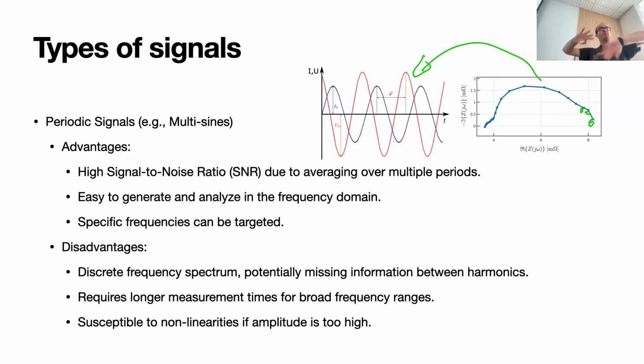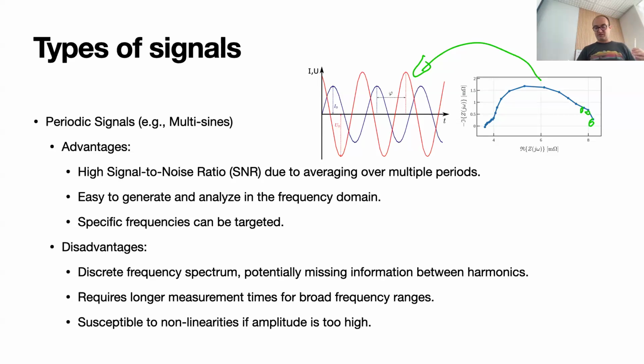Mother Nature will superimpose noise on it, but because it's a deterministic signal, it has a high signal to noise ratio, which means that the power of the signal is much greater than the power of the noise, and we can more or less say that noise doesn't influence our accuracy.